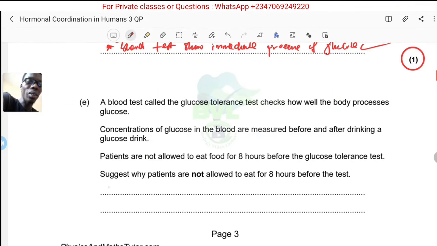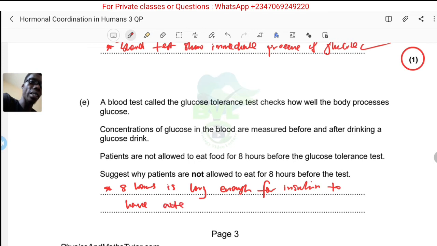Well, basically, 8 hours is long enough for insulin to have acted on the glucose from digestion.